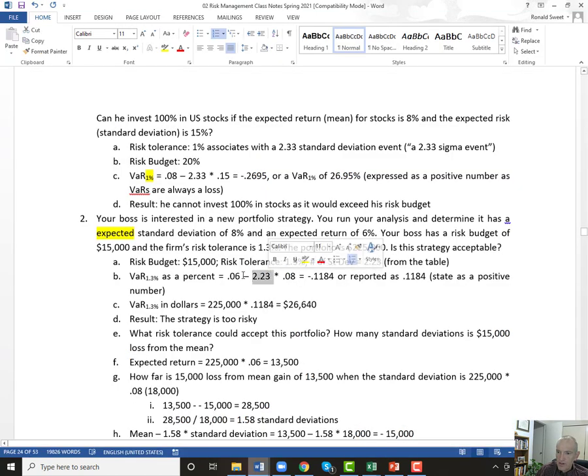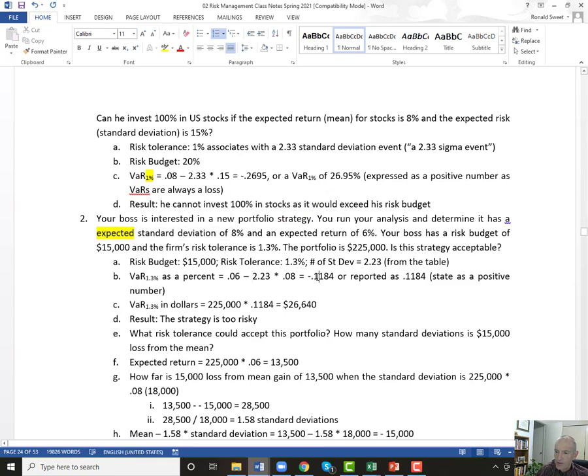So our VAR, here I actually did it. I put the 1.3 in there. VAR as a percent. Now their VAR is in dollars, so we'll have to convert, but their VAR as a percent is the 6% expected return, minus 2.23, that's the table value we just obtained, times 8% expected standard deviation.